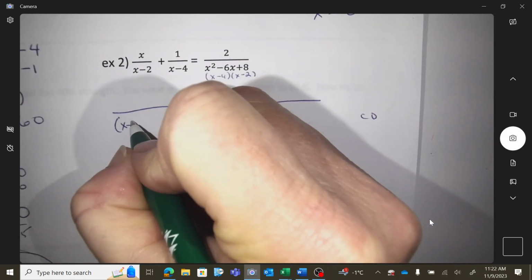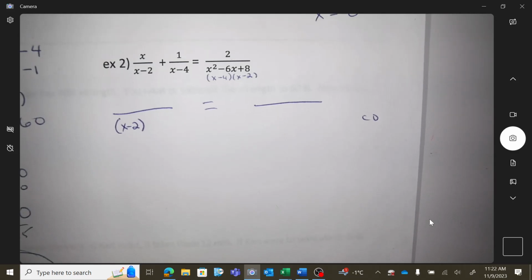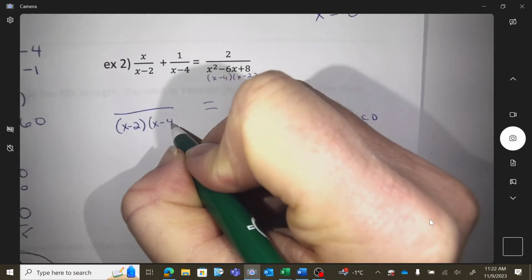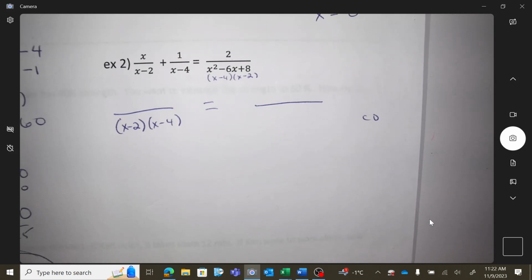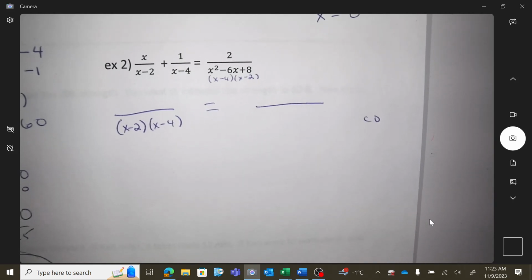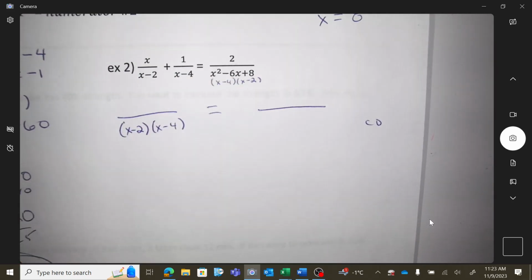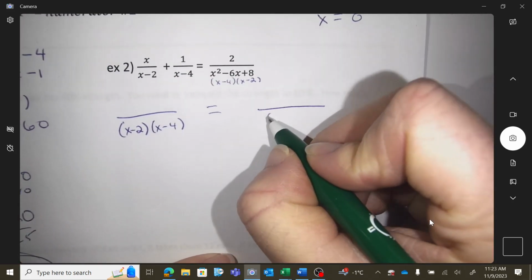Would we agree that I would need to put an x minus 2 in there? And I would need an x minus 4 in there. If I use that as the bottom, would it work for all 3 fractions? So does this fit in there? Does this fit in there? Does this bottom fit in there? Yep.